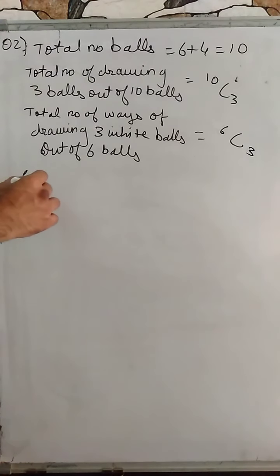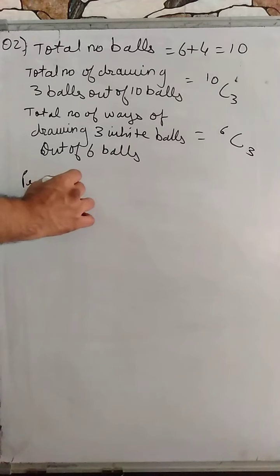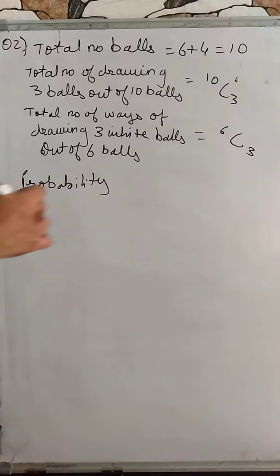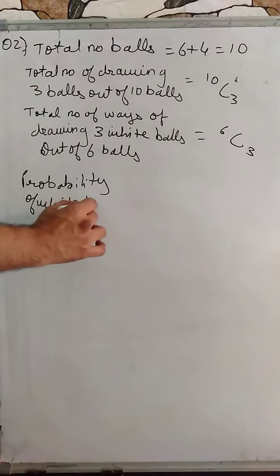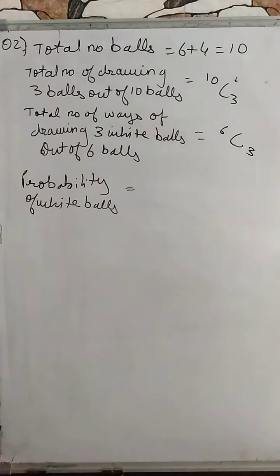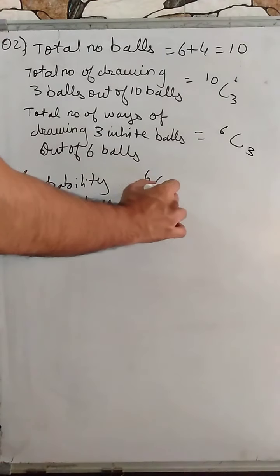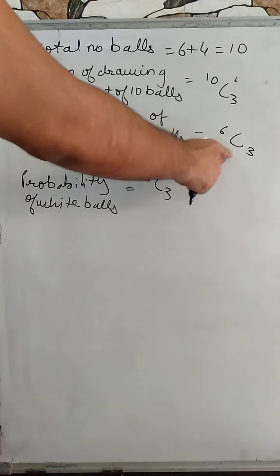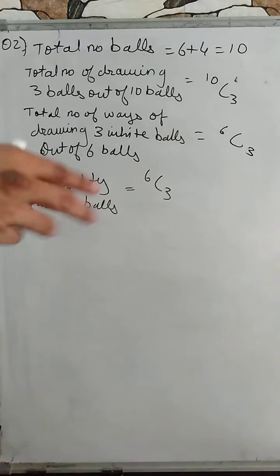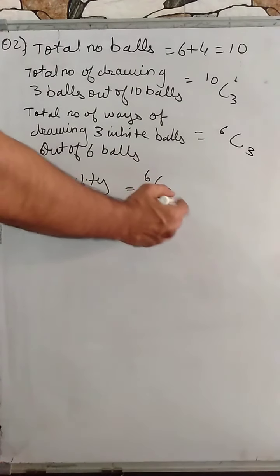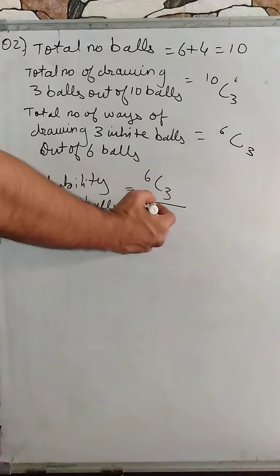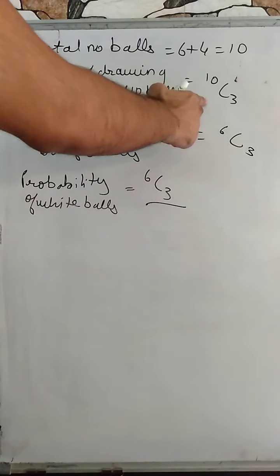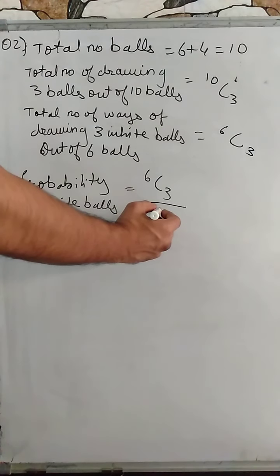Therefore I can say the probability of white balls is 6C3, that is the number of ways of drawing 3 white balls out of 6, upon the total number of possible outcomes, which is 10C3.